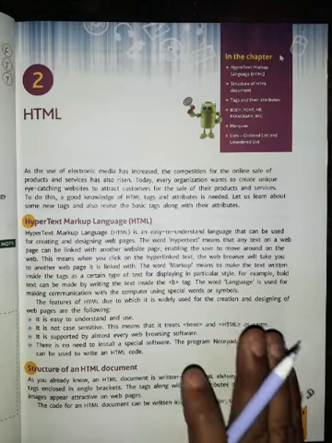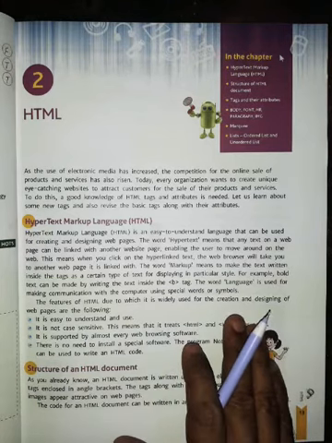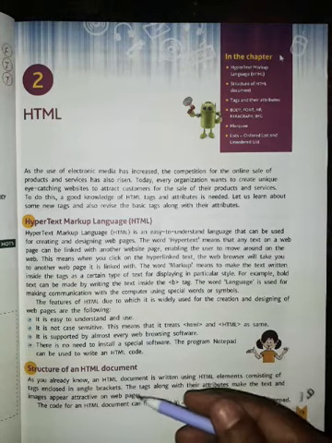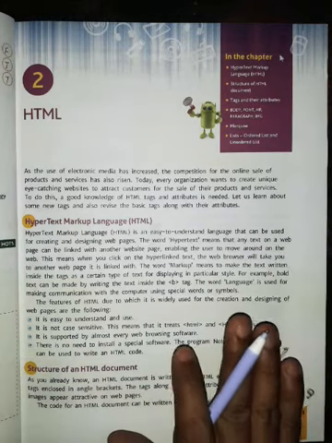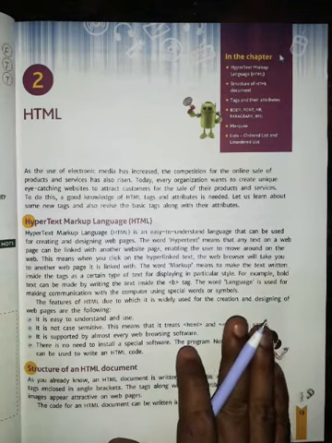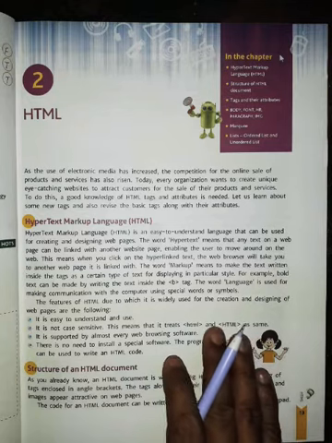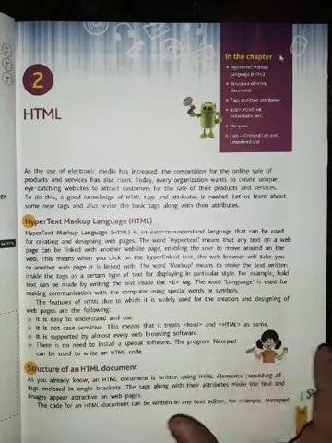Programming languages are written to process data and perform different tasks on a computer. HTML doesn't really process data or perform tasks like a programming language. You can say it has no programming logic.